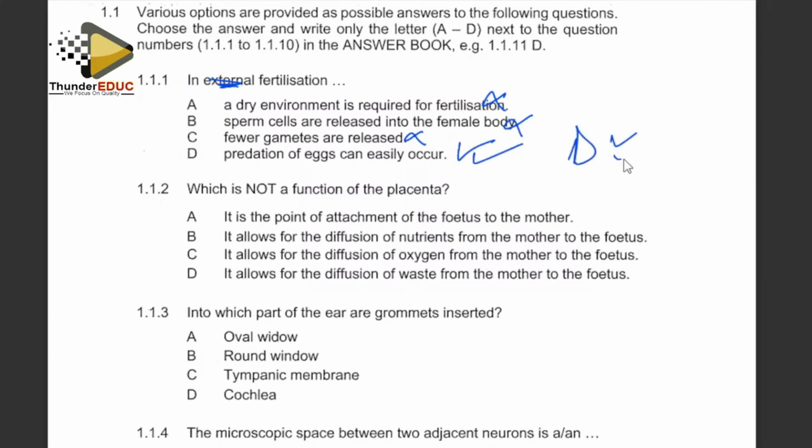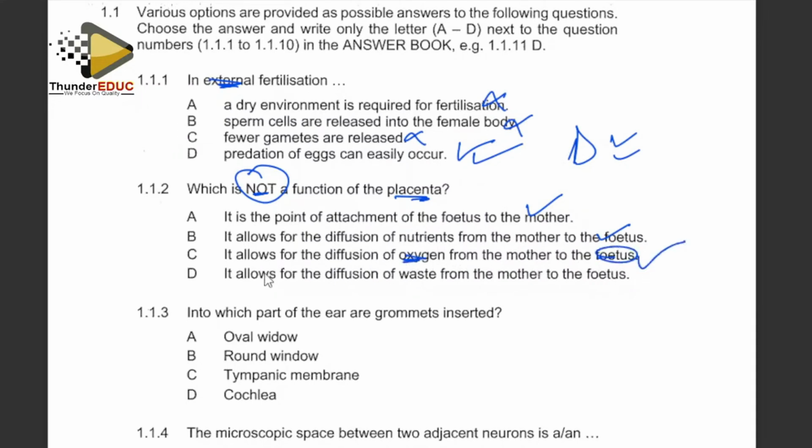So D, 2 marks. Which one of the following is not a function of the placenta? We talked about it. It is a point of attachment of the fetus to the mother. It's correct, but they are saying it's not. It allows the diffusion of nutrients from mother to the fetus. Yes, it is correct. It allows the diffusion of oxygen from the mother to the fetus, because the fetus requires oxygen.